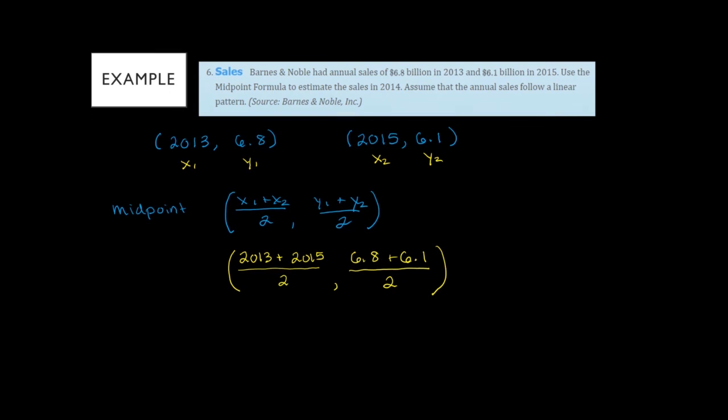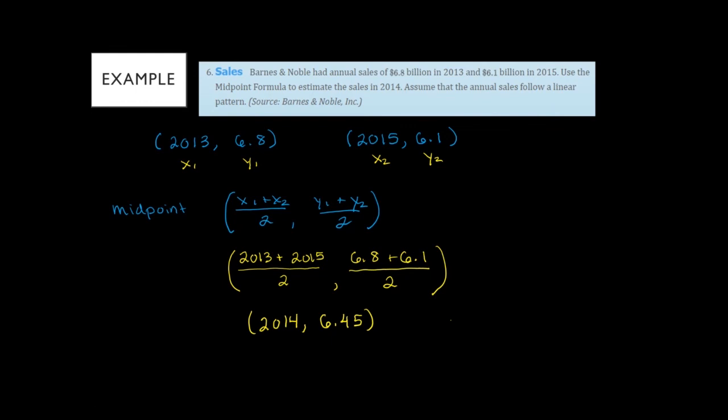So I'm going to just add my years and then divide by 2. And you're going to want to make sure that when you're doing this on your calculator, you need to have parentheses for the numerator, because otherwise it only divides the 2015 by 2. But that gives us 2014, which is the year that we're interested in. And then 6.8 plus 6.1, divide that by 2. I get 6.45. So that is my midpoint.